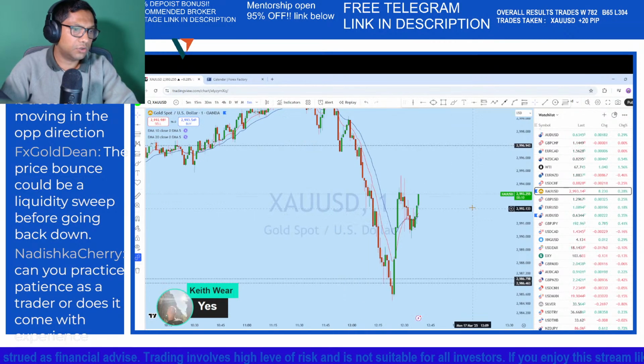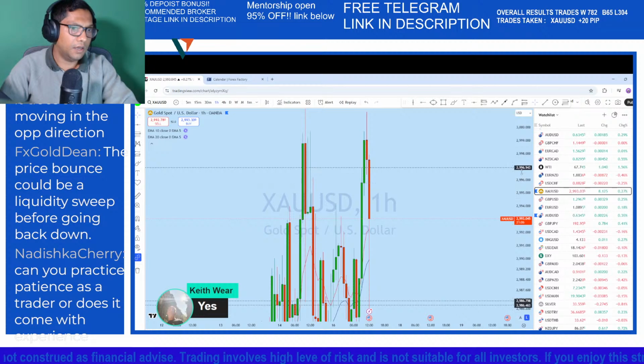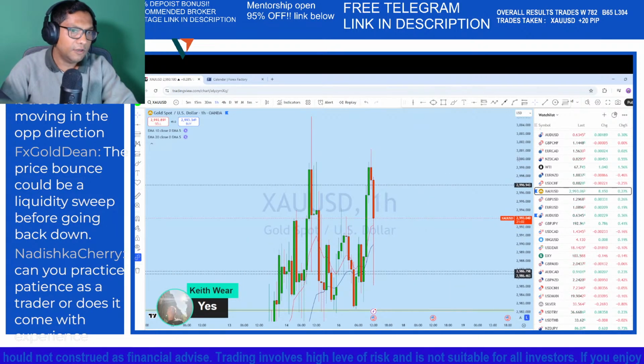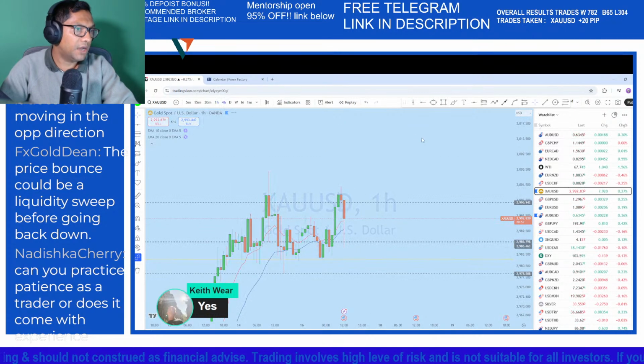Okay, so here slowly potentially forming a bullish structure. Long term trend is up, so this is the 1 hour candle, and with this 1 hour candle we can see from here a breakout.